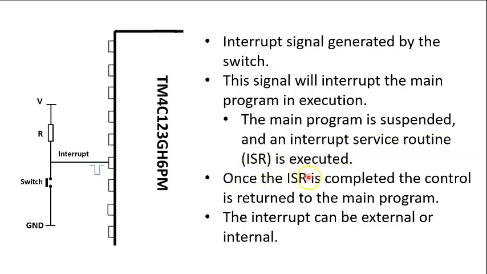Once the ISR is completed, the control is returned to the main program. Please note that the interrupt can be external, like this situation here, or it can be internal. An example of an internal interrupt is the one generated by the SysTick timer.